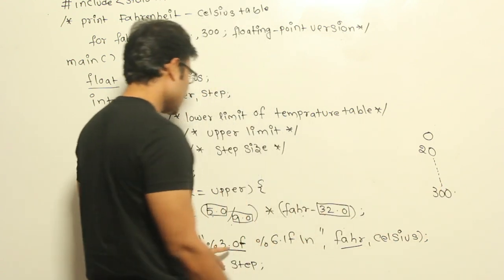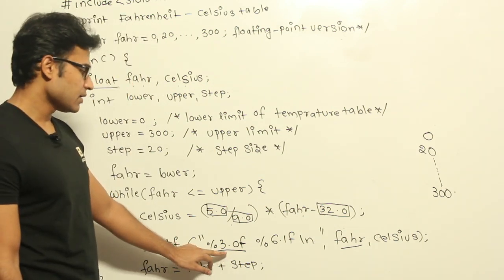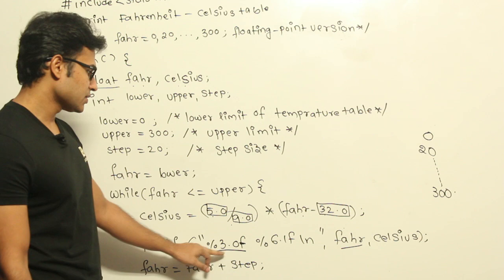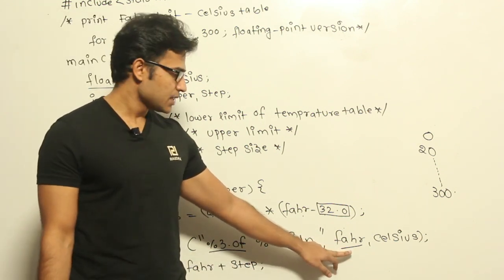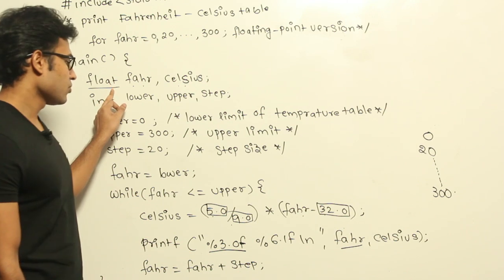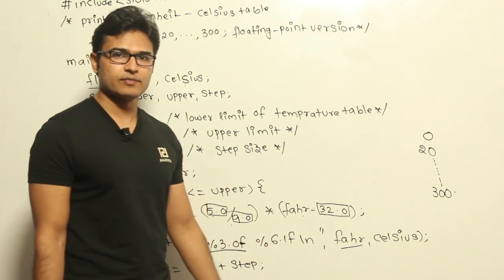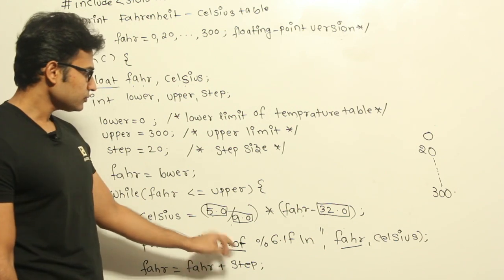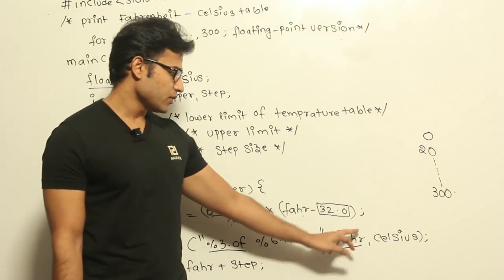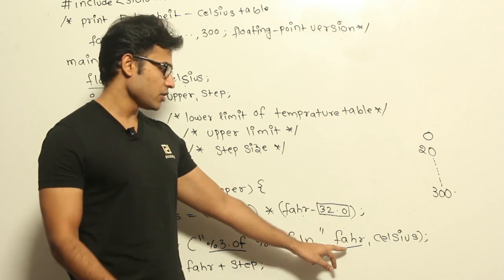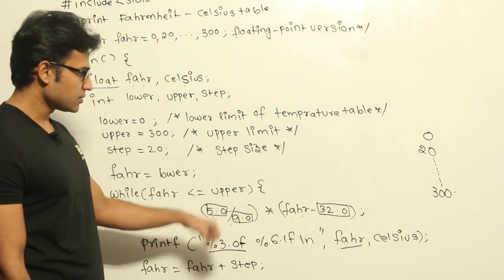Now it is as good as writing it as %d, but you are not going to write %d here, that will give you an error. If you write %d and then have FAHR here, that will be an error. The reason is FAHR is declared as a floating point number, and so you have to use %f to interpret it correctly, right? And why this happens is because while storing the value in FAHR, the format of floating point will be used, and if you write it as %d, it will be interpreted as a decimal number.